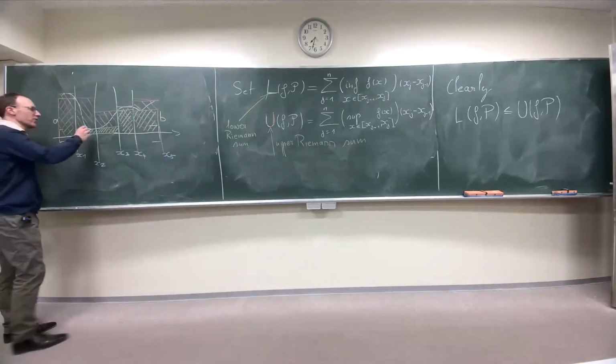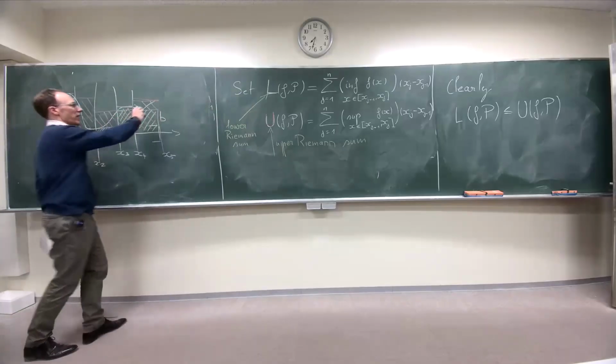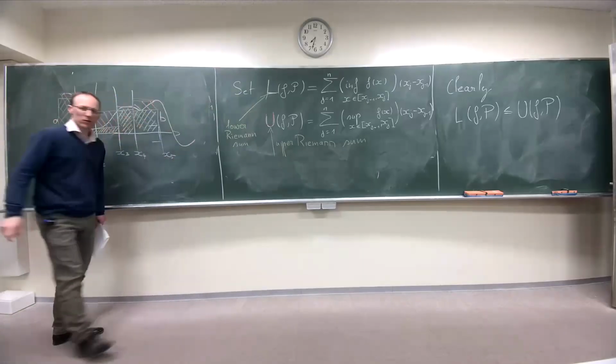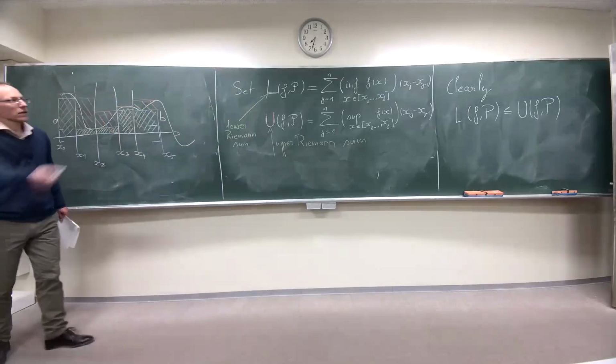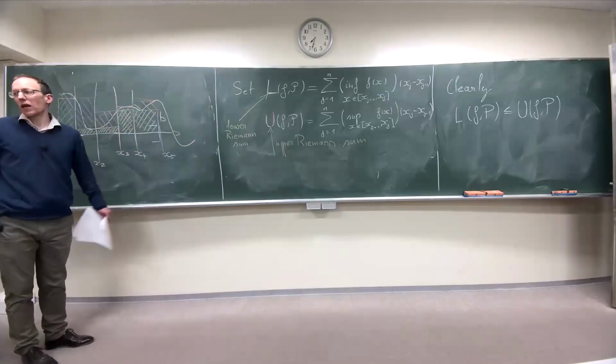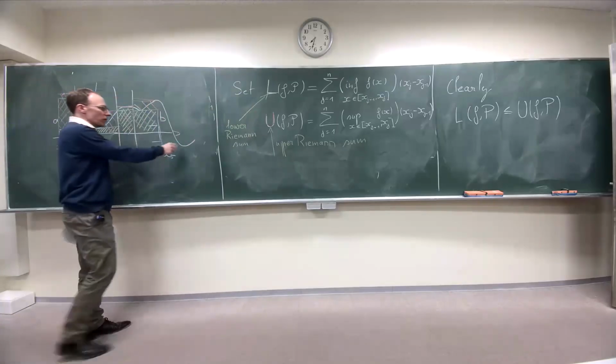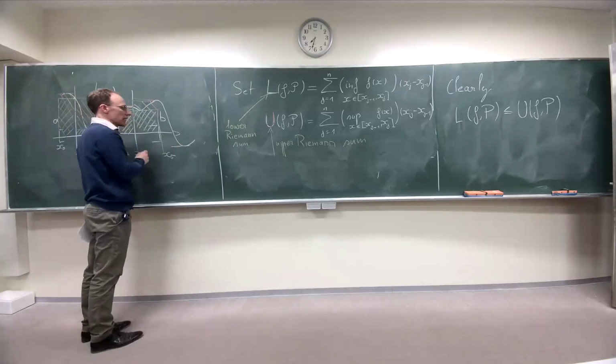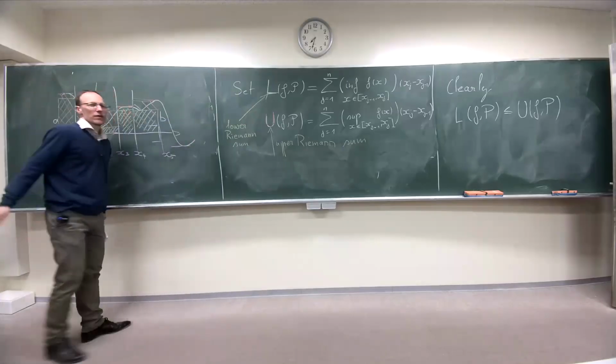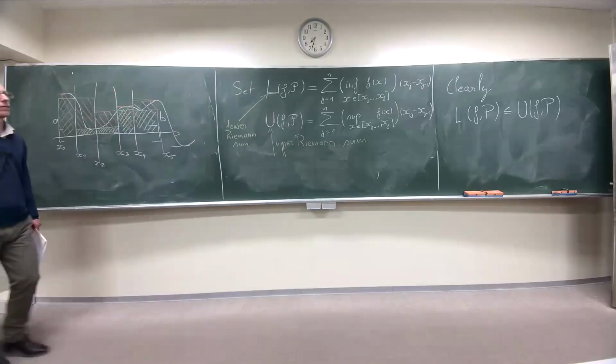And by the way, if the function goes negative, then one contribution is going to be negative. That's it, no problem. If your function is negative, when you take the minimum value, you have a negative number, no problem.